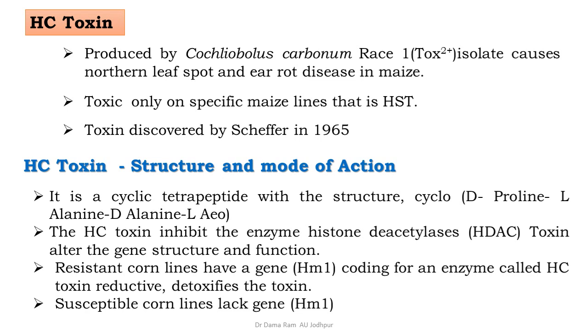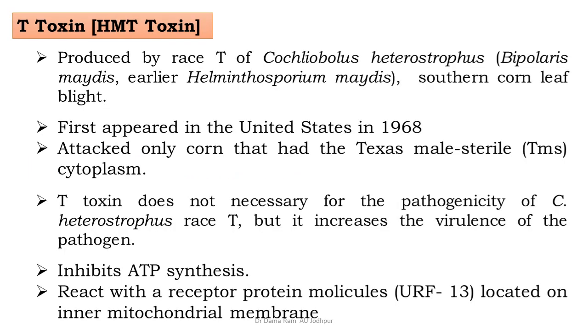So resistant corn lines have a gene HM1 coding for the enzyme called HC toxin reductase, which reduces and detoxifies the toxin.